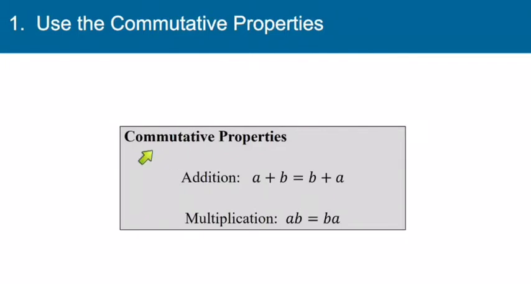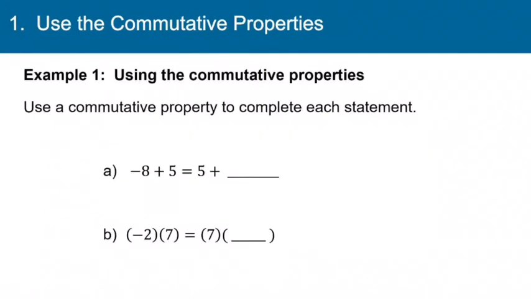And just keep in mind, commute means to change locations. So the commutative property has to do with changing the location of the numbers. And then we have the commutative property of multiplication, which says that A times B is equal to B times A. So here's our first example, and the instructions say use a commutative property to complete each statement.